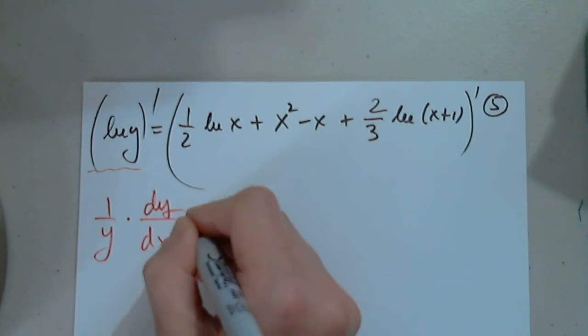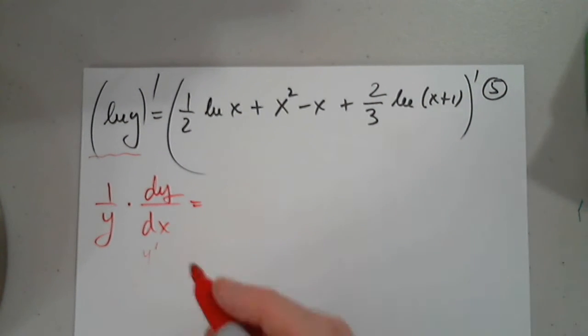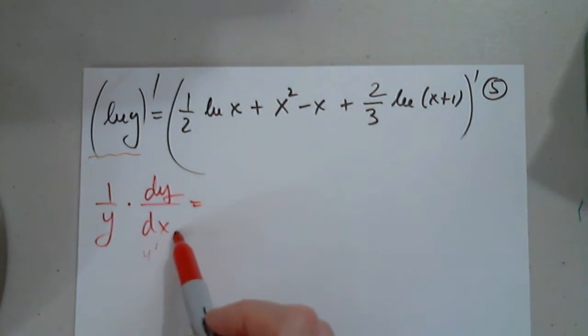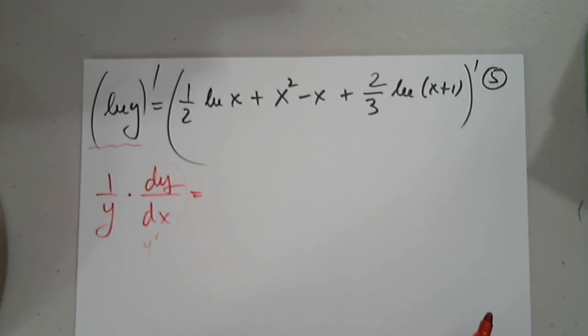Yes, dy over dx or y prime. I recommend this notation, please. Do not use y prime. It could get confusing and you may omit the prime. I highly recommend this notation for implicit differentiation. It's up to you. I will accept it. You can put f prime, you can put whatever else you want, I'll accept it. But if anything goes wrong and you drop the symbol and you don't solve for it, then okay.